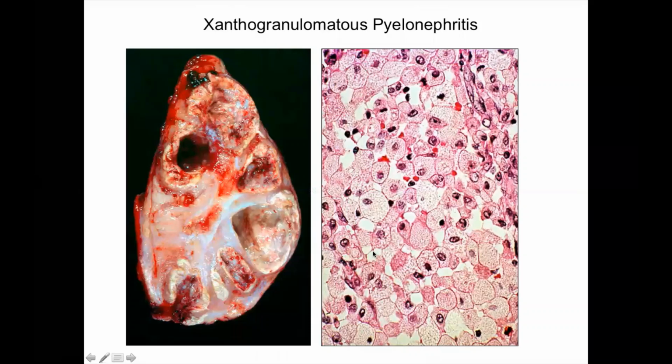Right. Xanthogranulomatous pyelonephritis, I'm sure you guys are familiar with this from your surgical pathology. It is made of vague granulomas with foamy macrophages and lymphocytes with some plasma cells, and again this is due to a prolonged untreated infection, mostly again due to E. coli and Pseudomonas, and may be associated with staghorn.